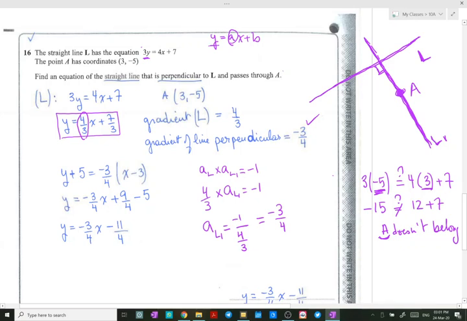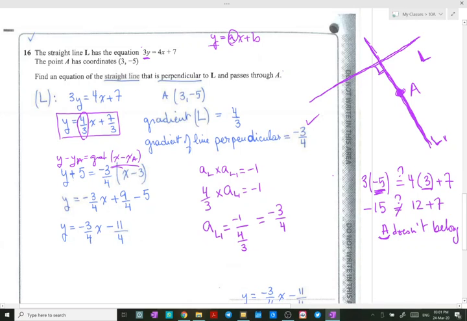Now, in order to find the equation of the line, you need to apply the formula y minus y of A equals the gradient times x minus x of A. Replacing these inside the formula, you are going to get y plus 5 equals minus 3 over 4 times x minus 3.